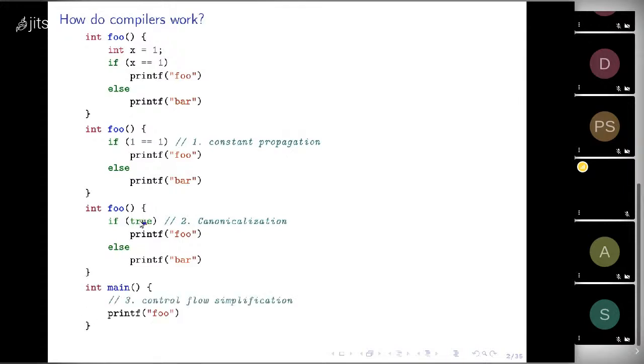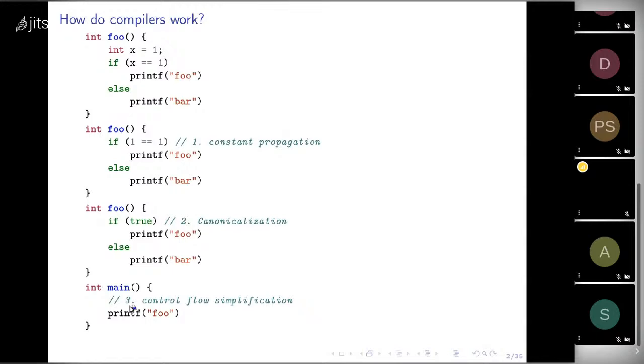And finally, what we can then do is to attempt to simplify control flow. So we have an if true and then an else. It's clear that if you have such control flow, it's equivalent to this type of control flow, where the control will only flow into the then branch and will never flow into the else branch. So by performing these three extremely simple steps, we've managed to simplify this program into this program.